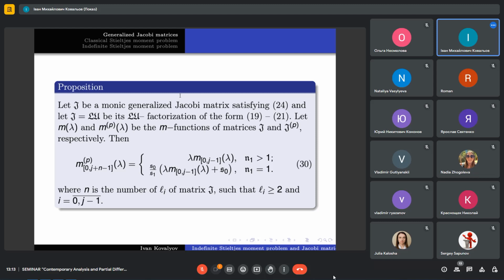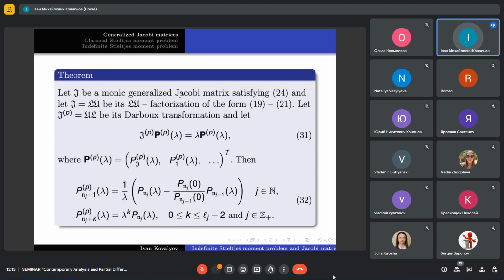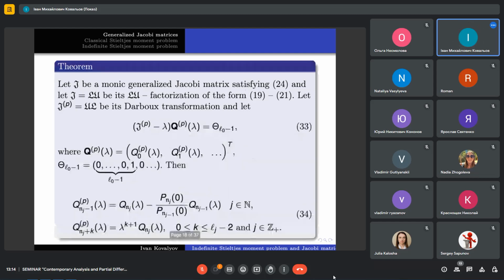So, and we find a formula for polynomials of the first and the second kind. So in this situation, the new matrix JP is associated with the polynomials of first kind and second kind, and they can be found by formulas 32 and 34.